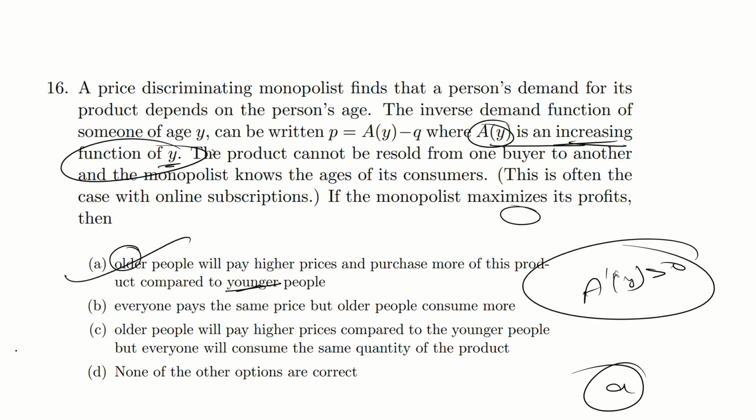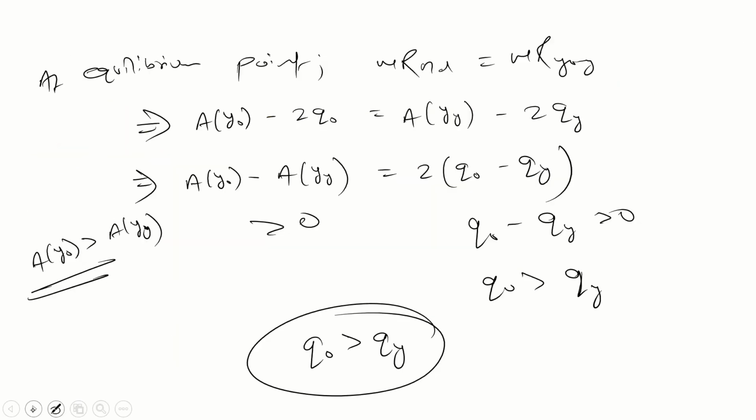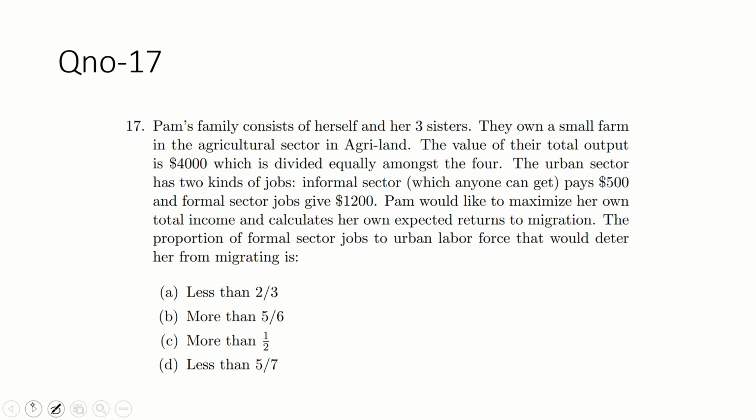Okay, let's do question number 17. Guys, Palm's family consists of herself and her three sisters. So there are a total of four members, three sisters and Palm. The family owns a small farm in the agriculture sector.